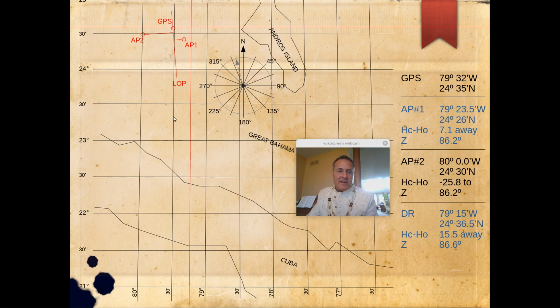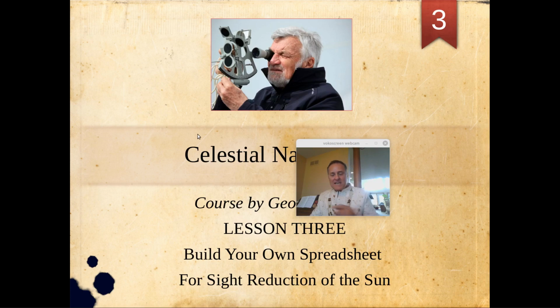And this time if I use my dead reckoning, which is right here, and I plug the dead reckoning values, 79.15 and 24.36.5, into the spreadsheet, it gives me HC minus HO is 15.5 miles away from the sun at an angle of 86.6. When I put that angle, roll it up to there, that distance is 15.5 miles, and I strike a perpendicular line through the tip of the line there. It's the exact same position.